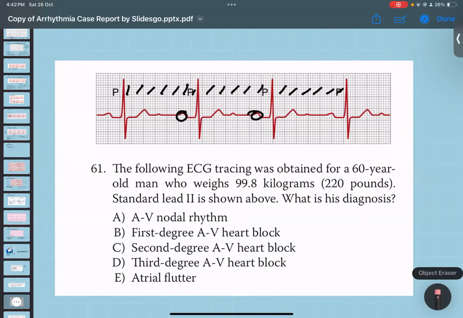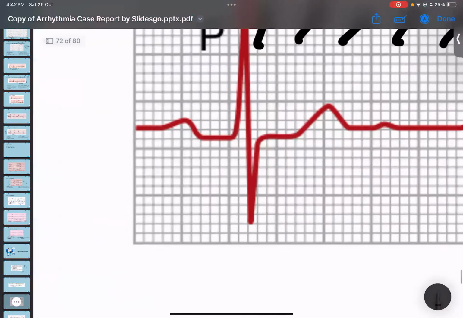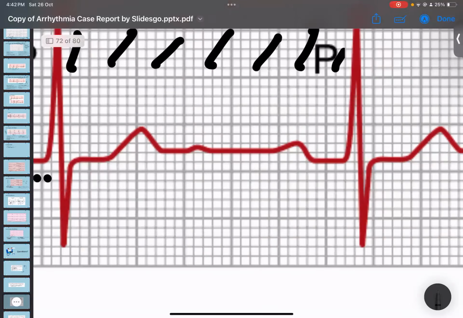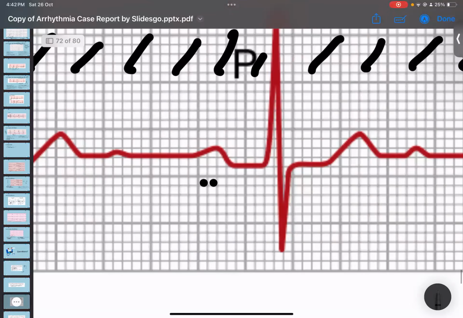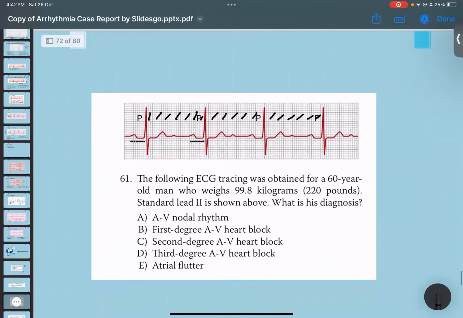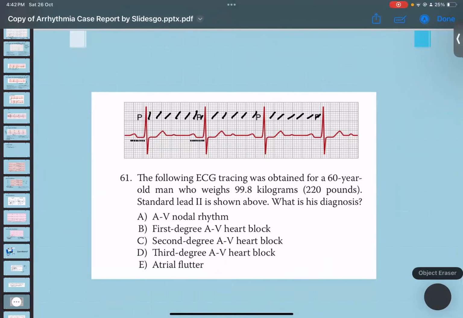Regular rhythm, all right. And regarding the PR interval, let's check. 1, 2, 3, 4, 5, 6, 7, 8. 1, 2, 3, 4, 5, 6, 7, 8. 8 small boxes. So PR intervals are normal, or equal to one another. And there is no drop beat. So no drop beat.